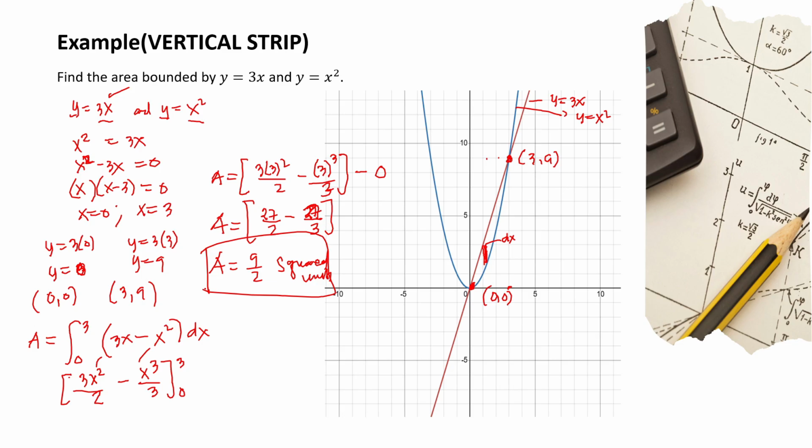This is the area that is bounded here, which is 9 over 2 or 4.5 square units. So this is an example of vertical strips.